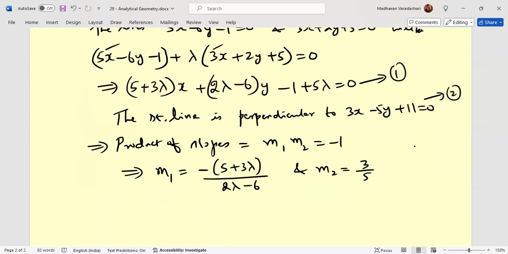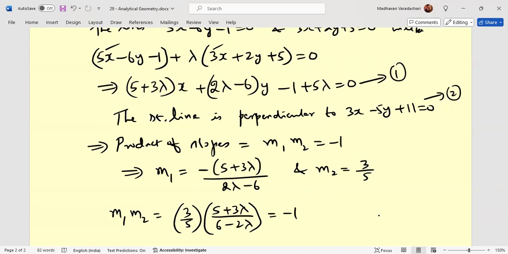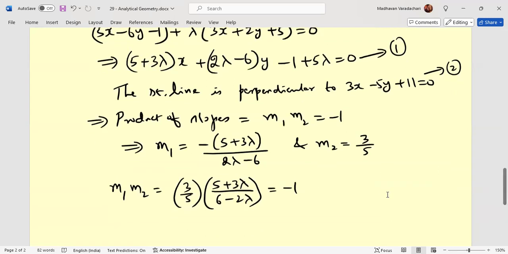So now M1 into M2 will be 3 by 5 times 5 plus 3 lambda. Bring that negative sign into the denominator. It becomes 6 minus 2 lambda. Should be equal to minus 1. So that means 15 plus 9 lambda divided by 30 minus 10 lambda is equal to minus 1.